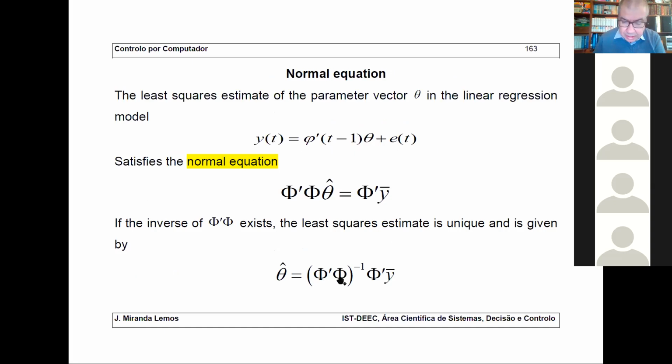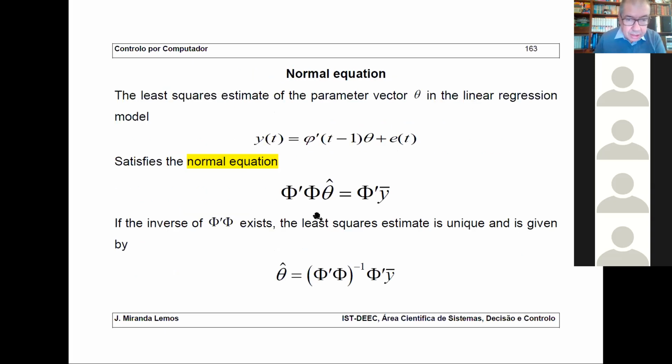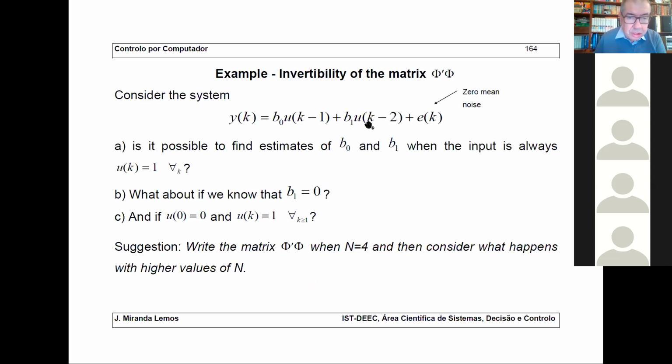It's a good exercise that you should do. So you end up with something that is not invertible. Now, if u changes, you are giving some excitation to the system, and that allows the phi matrix to be inverted.